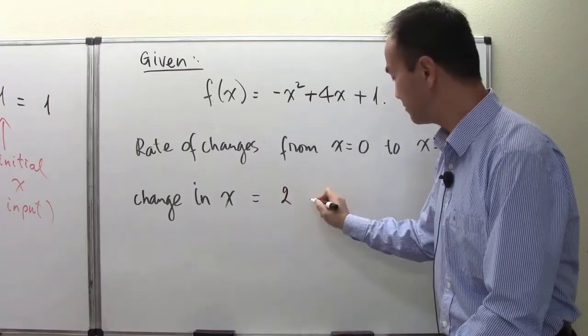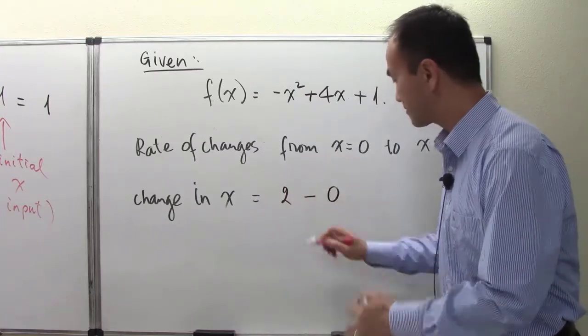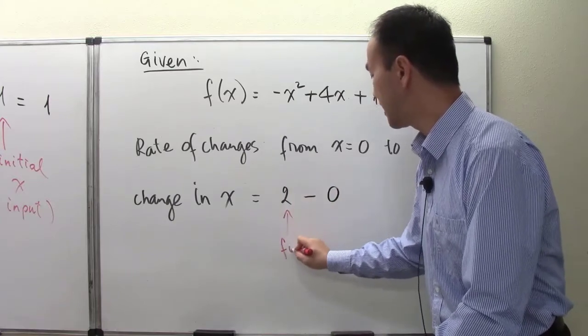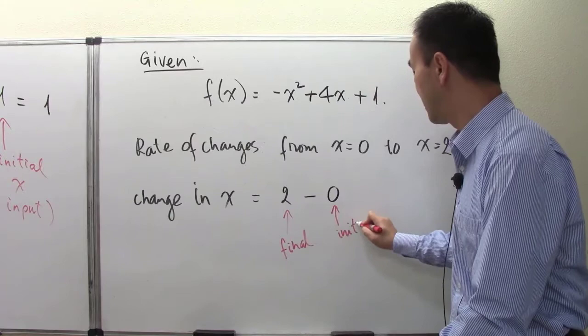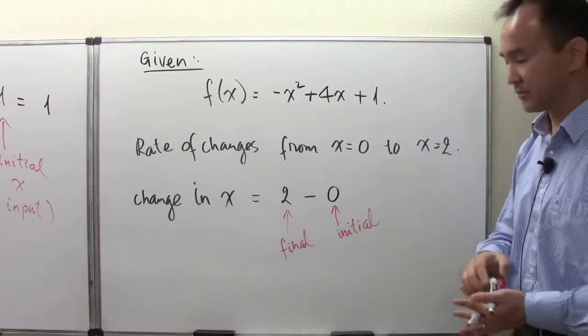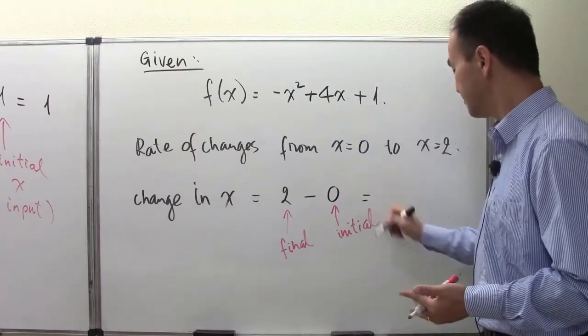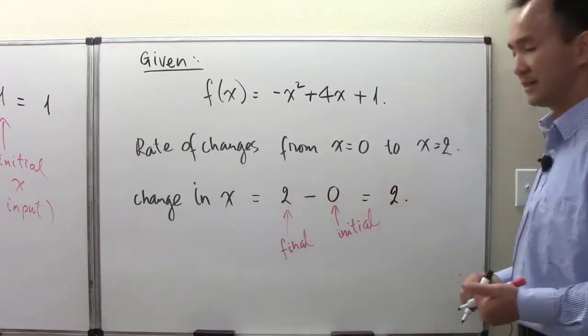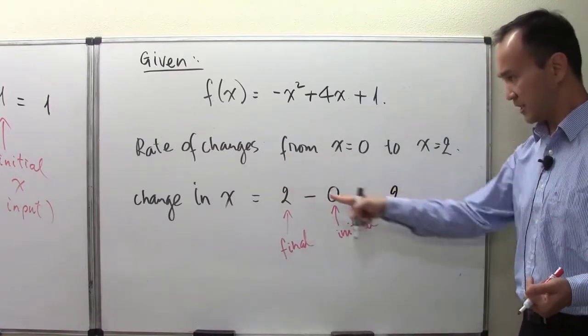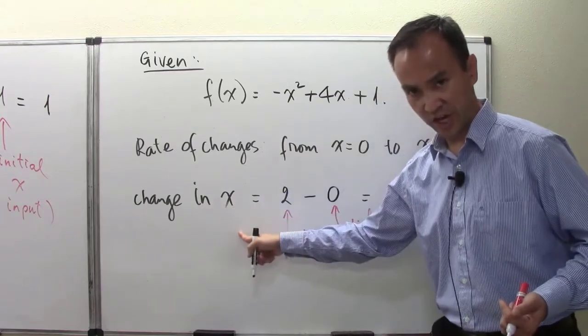Final minus initial. Final input minus initial. All right, so that amount of change is 2. Okay, but that's only one change. That's just the change in x.